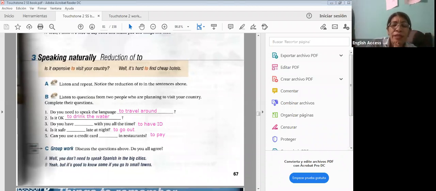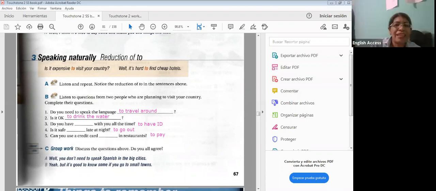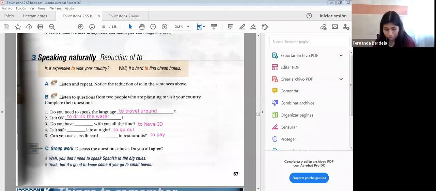The question is, is it necessary for people to carry their identification with them all the time? Yes, it's necessary. Okay, excellent. Now, fourth question to Gabby, please. Is it safe to go out late at night?